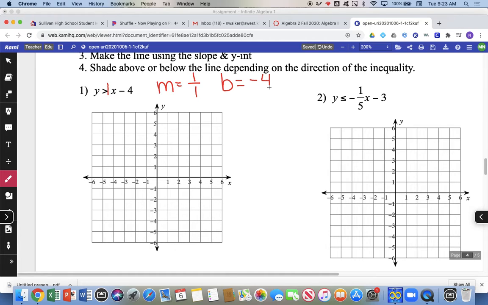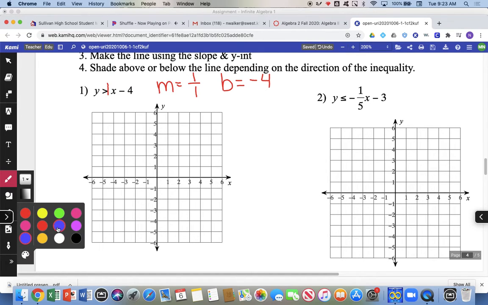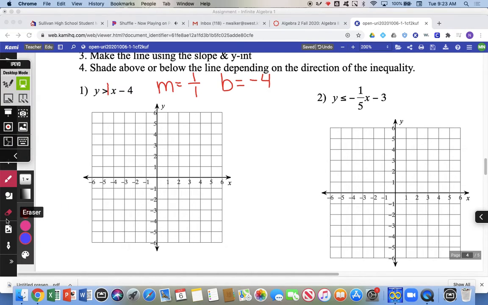Now, our inequality symbol is going to tell us two different things. It's just greater than. So what type of line will it be, a dashed line or a solid line, since it's just greater than?